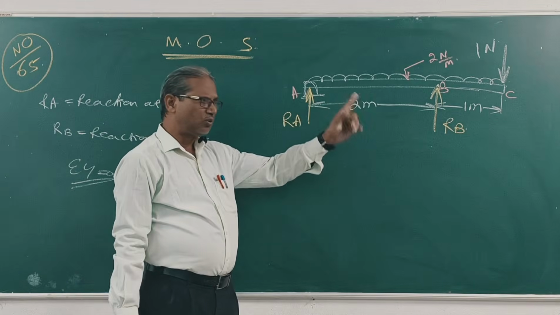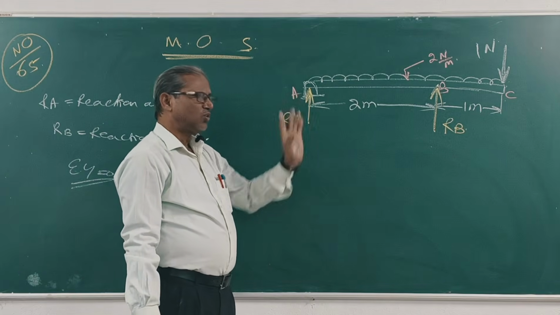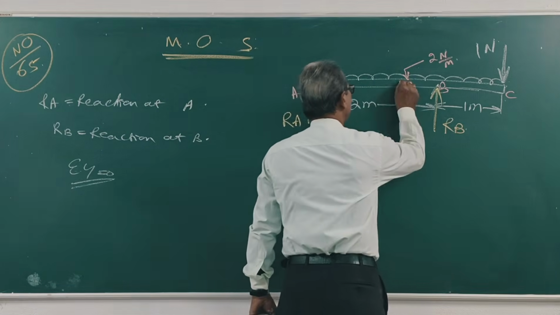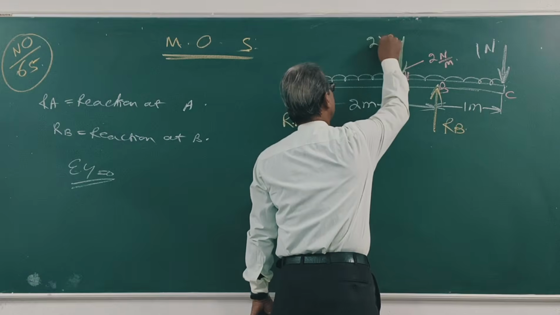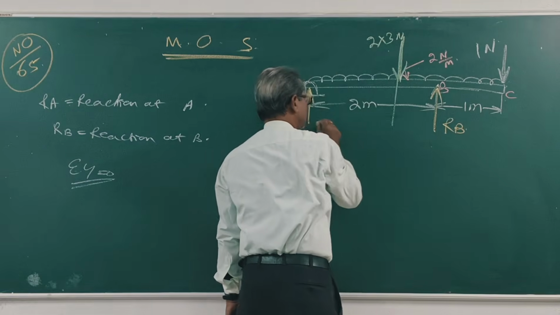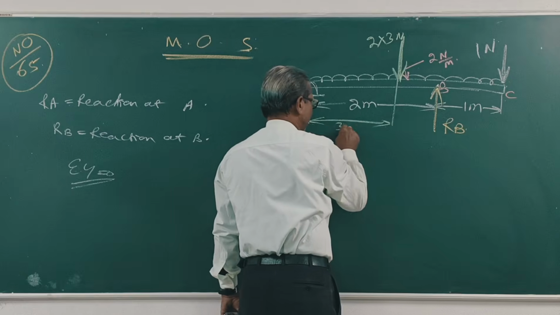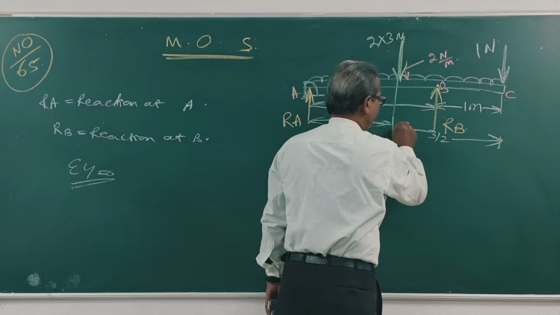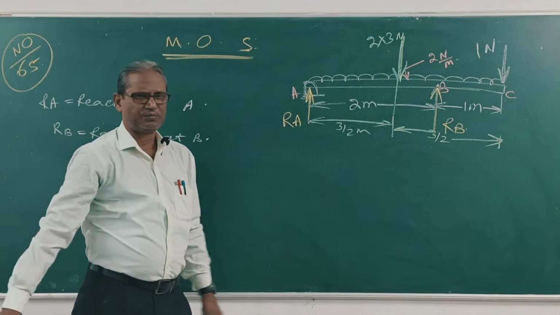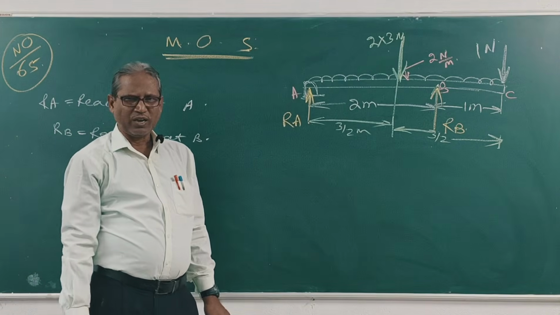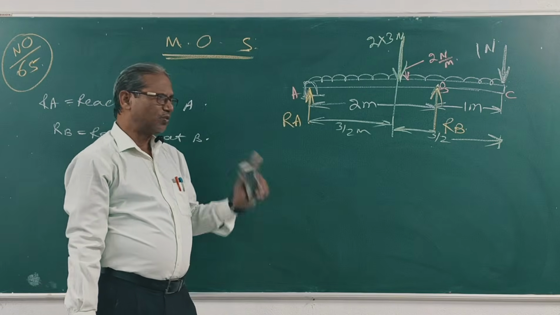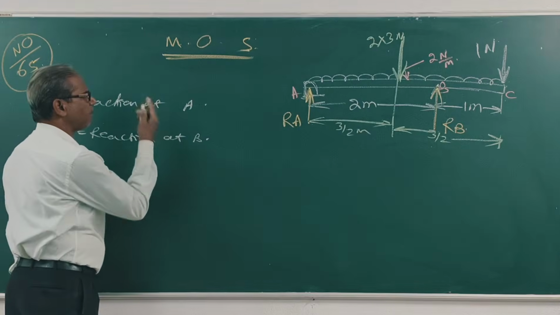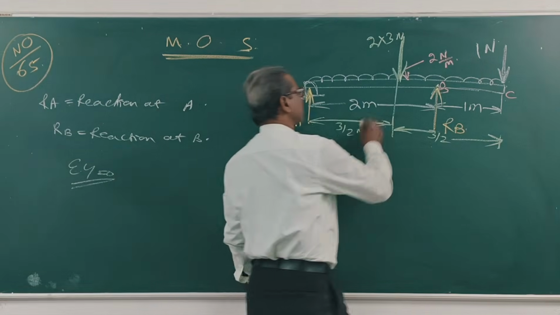RA plus RB is equal to 1 plus 2 into 3. This is 2 Newton per meter, so this is 2 into 3 Newton, which is 6. The total load is W into L acting at L by 2, that is 3 by 2 meter, half of this length.